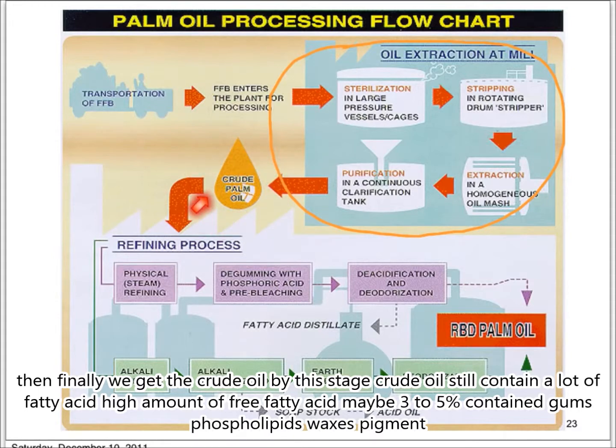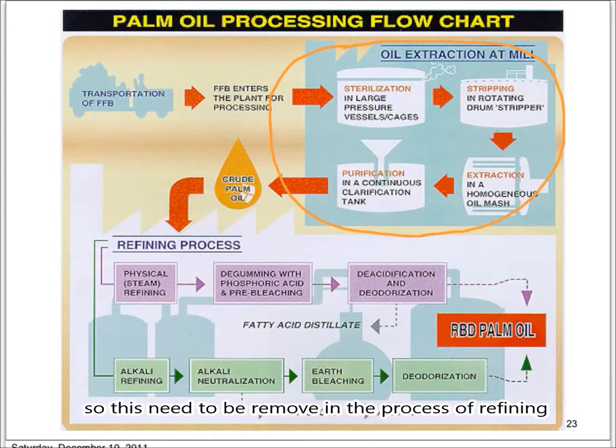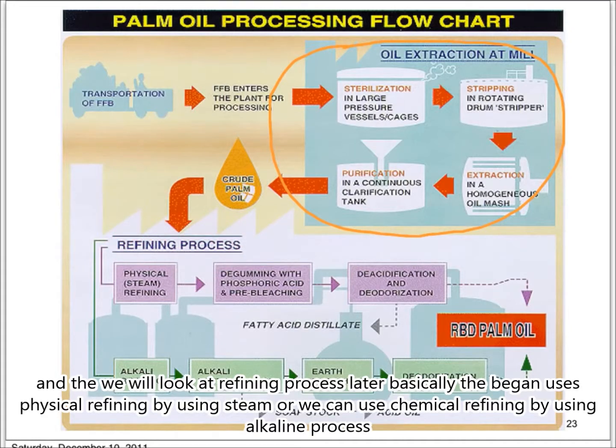But at this stage, the crude oil still contains a lot of fatty acid, a high amount of free fatty acid, maybe between 3 to 5%. It contains gums, phospholipids, waxes, pigments. So these need to be removed in the process of refining. And we will look at the refining process later, but basically we can use physical refining by using steam, or we can use chemical refining by using an alkaline process.